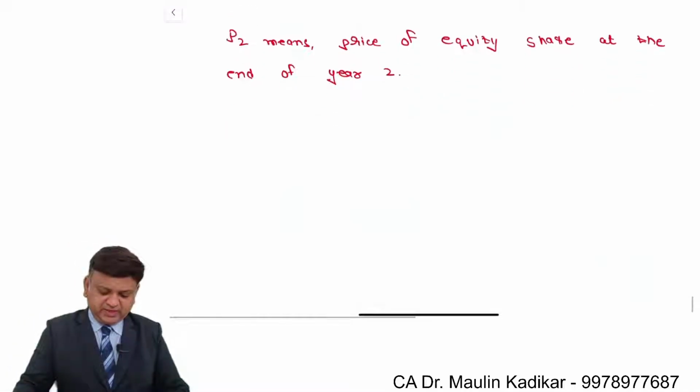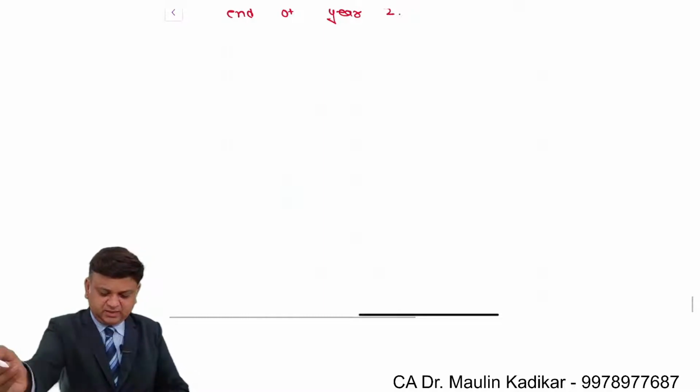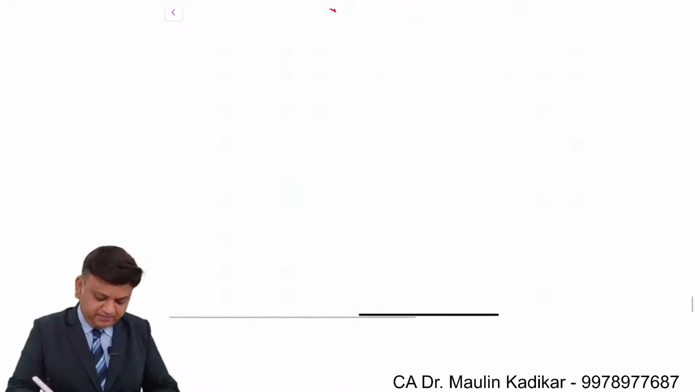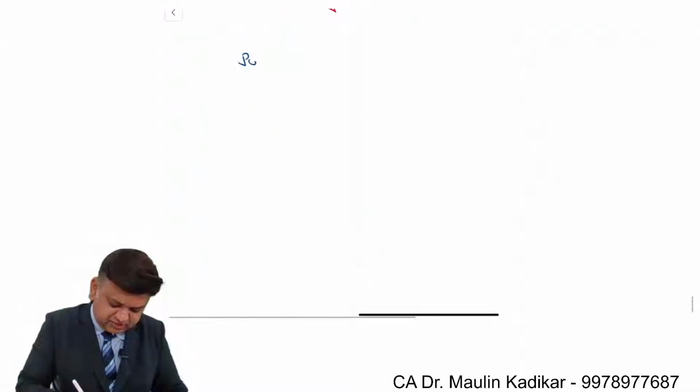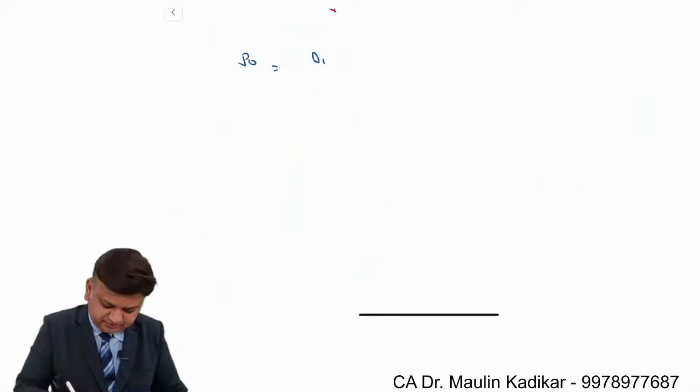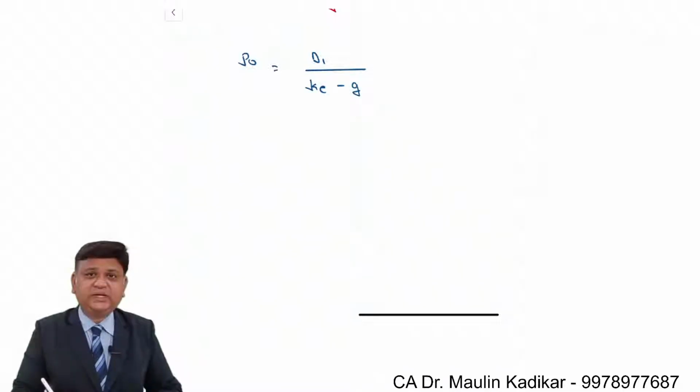Now, dear students, we already have studied that P0 is equal to D1 divided by K minus G. What does it mean?